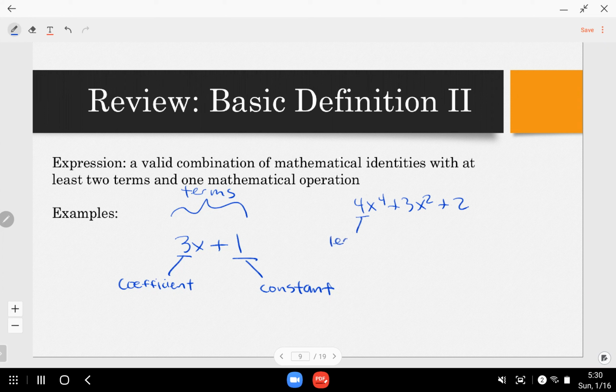Basically, if you have a lot of exponents and more than two terms, then this would be called the leading coefficient. But you don't need to worry about that now because you won't be going into polynomials until about the end of this semester, okay? So this is the coefficient. Of course, this would be the variable. So that's about it for an expression.